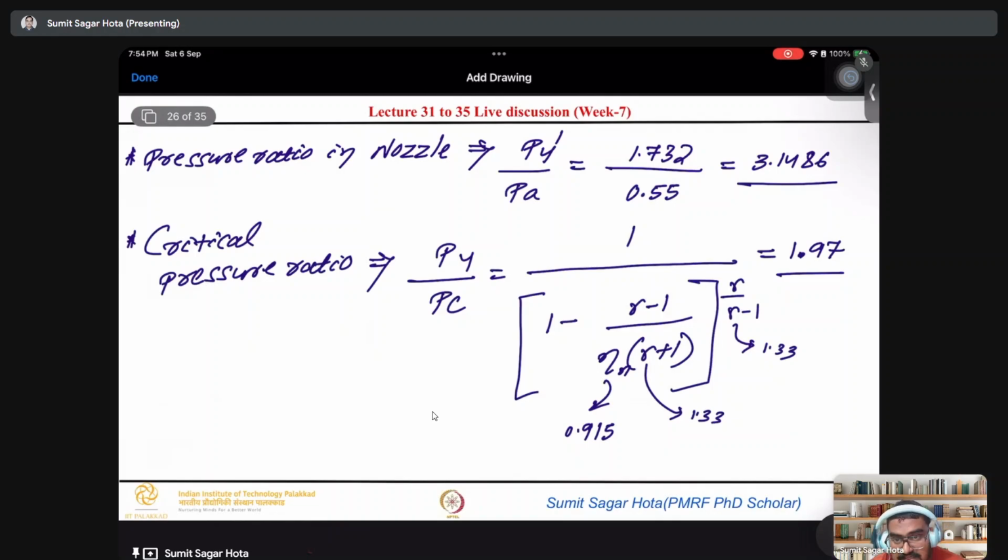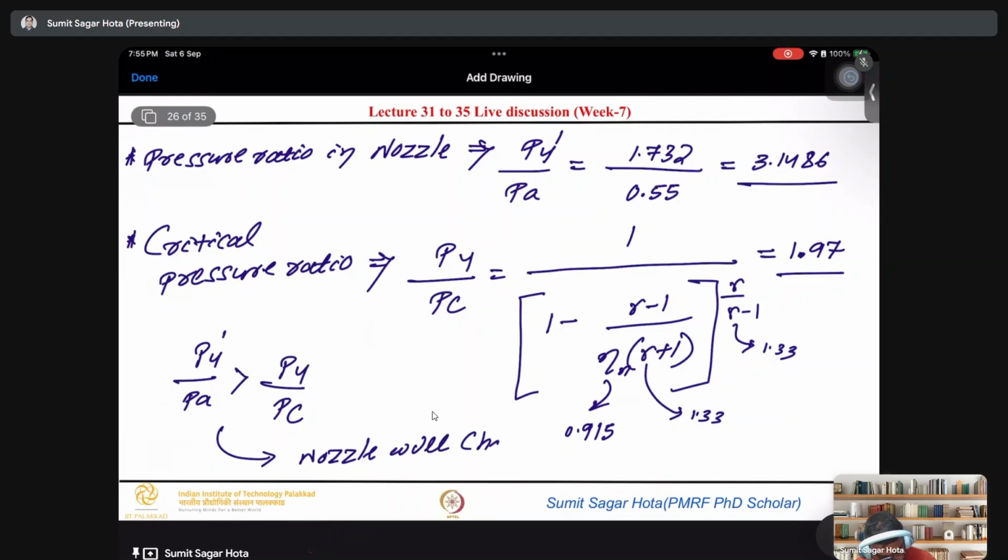The pressure ratio in the nozzle is greater than the critical pressure ratio, so the nozzle will choke. Because the pressure ratio is higher than the critical pressure ratio value, there is a chance of nozzle choking.